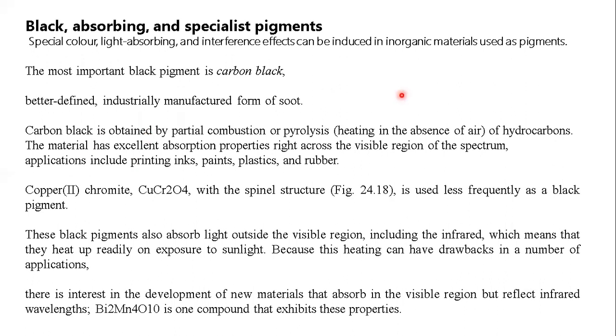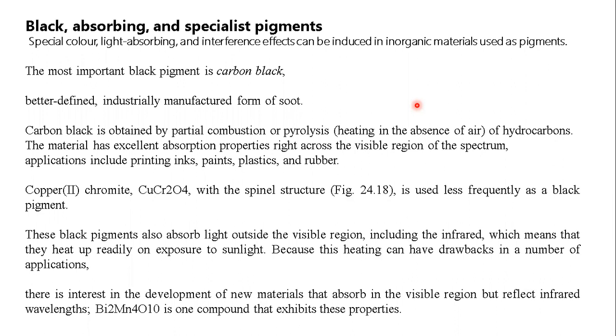You get this black soot when you do partial combustion of a hydrocarbon. Any fuel you use for lighting up is a hydrocarbon. This candle is also a hydrocarbon. But at that time, though a little bit of soot appears, most of the oxygen is used and it gives light.